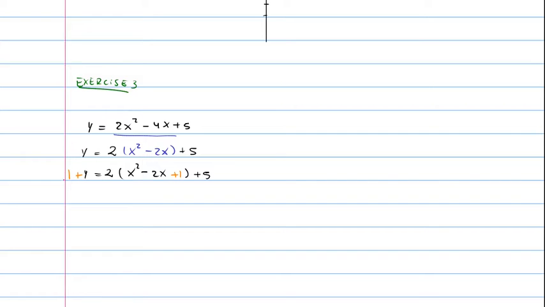So now we have this constant and this one. So we have y minus 4, because 1 minus 5 is minus 4. And this is equals to 2 times this. And this is a binomial, so we can rewrite it as x minus 1 squared.